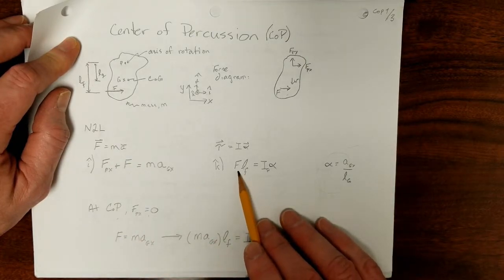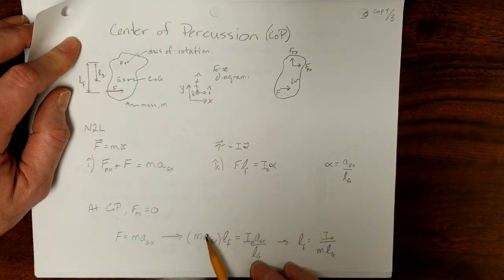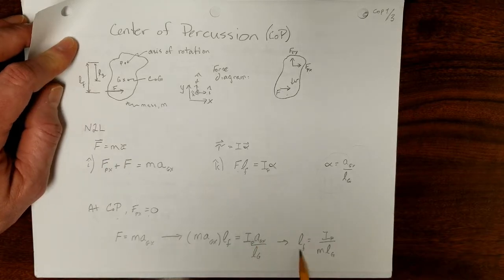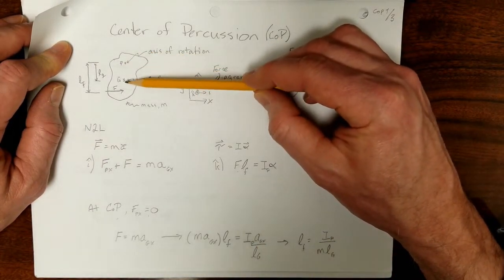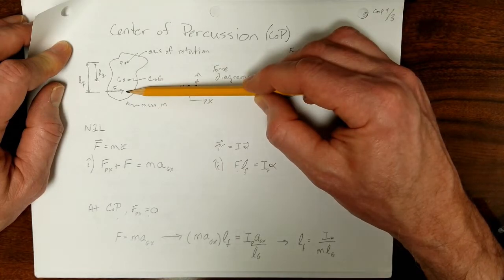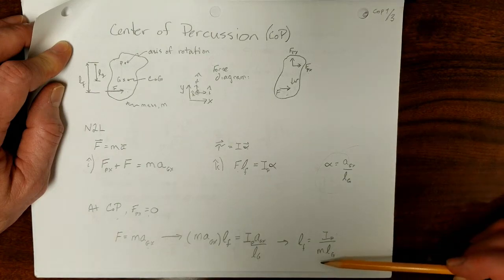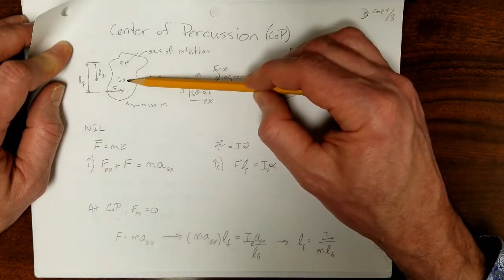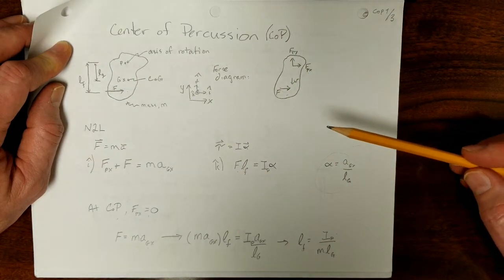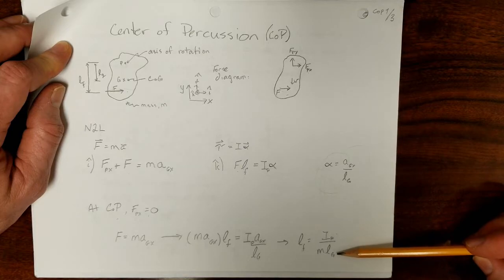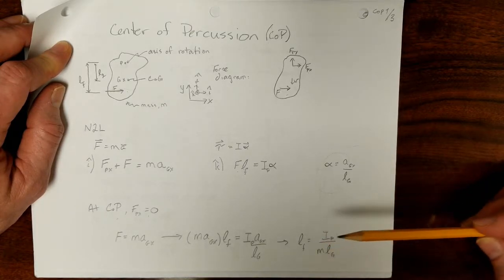Plugging that into this equation, we have m a sub gx L sub F is equal to I sub P a sub gx over L sub G. The a sub gx cancels out, and we're left with the distance from the axis of rotation to where the force is applied equal to the moment of inertia divided by the mass times the distance from here to here. So we now have a relationship between the distance from an axis of rotation to the center of gravity and to the center of percussion.